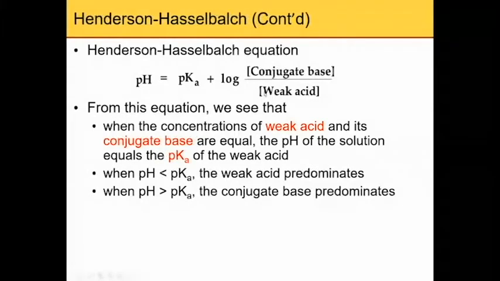If the pH is smaller than pKa, that means this log term must be negative. If this is negative, then the weak acid will be predominant, and this ratio will be smaller than 1. So that's when pH is smaller than pKa.